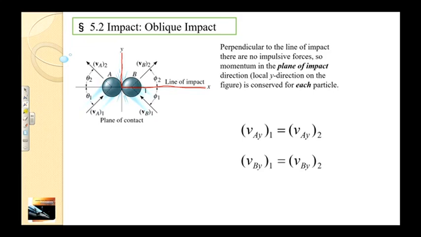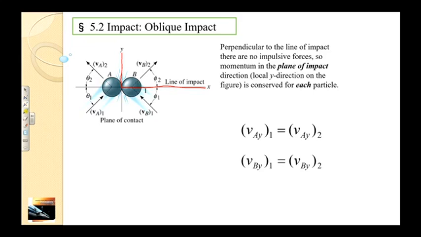So if I had something that looked a little different, say I have a slope and I've got a ball coming in from a crazy direction, and it's going to impact that slope. Well, how do we do this one? Step 1, find the contact point. Here the part of the ball is going to touch the slope. Found it.